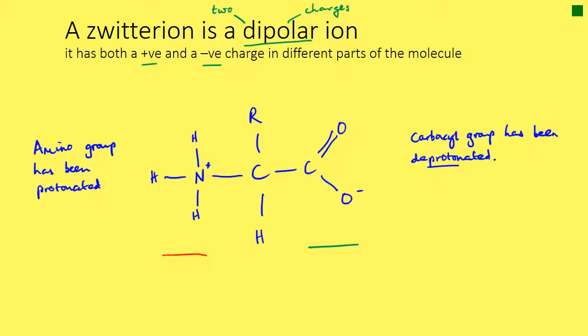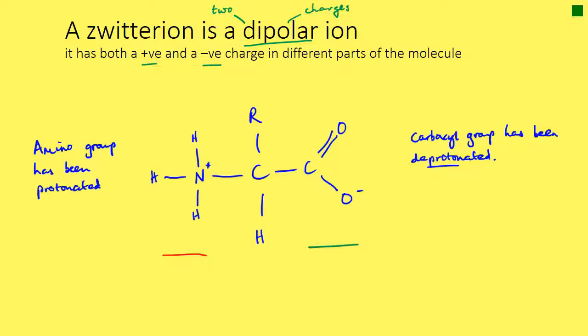You remember that would normally be an OH group there. And on the other side we would have our amino group, but our amino group could possibly have been protonated. So instead of having the normal 2 hydrogens, it's got 3 hydrogens because the proton has come and attached to the electronegative nitrogen, and the positive charge settles around the nitrogen. So you can see on the left hand side we've got the positive charge, and on the right hand side we've got the negative charge.